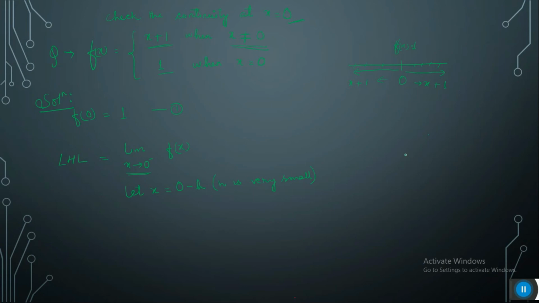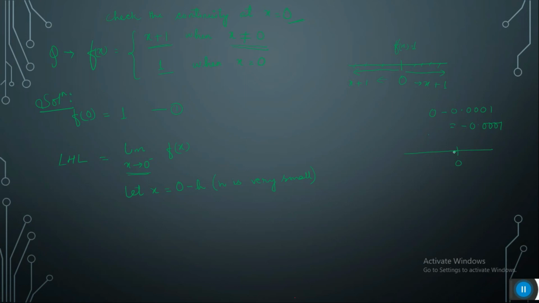Now where does it lie on the line? If this is 0, then 0 minus h will be less than 0. Let's make it 0.0001, so that will be minus 0.0001. It will be somewhere here, very near to 0. So that is my point.